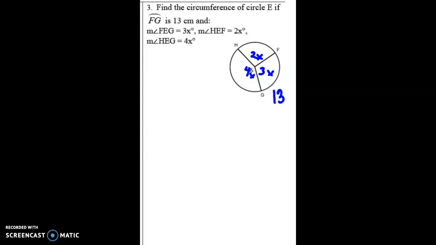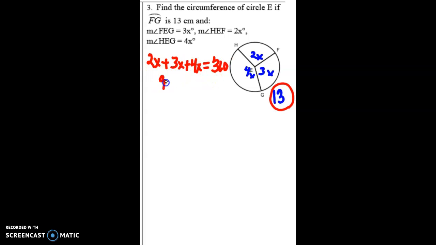So we actually need to figure out what the central angle FEG is, if we can use this 13 to find the circumference. To figure that out, we're going to have to figure out what x is. We know all the angles around a circle add up to 360, so we're going to use that idea. 2x plus 3x plus 4x would equal 360 because we went all the way around.